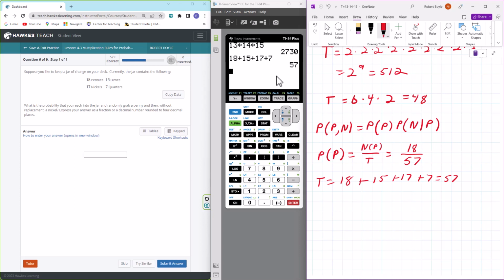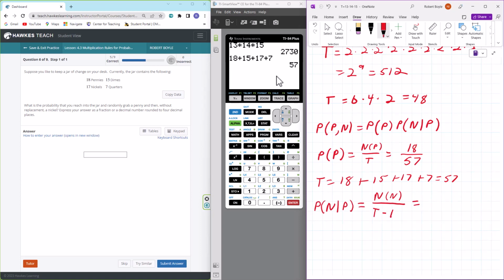Now the probability of drawing a nickel, given that a penny has already been drawn, is going to be equal to the number of nickels that we have divided by not the sample space, because remember we took a penny, so it's going to be divided by the sample space minus 1.